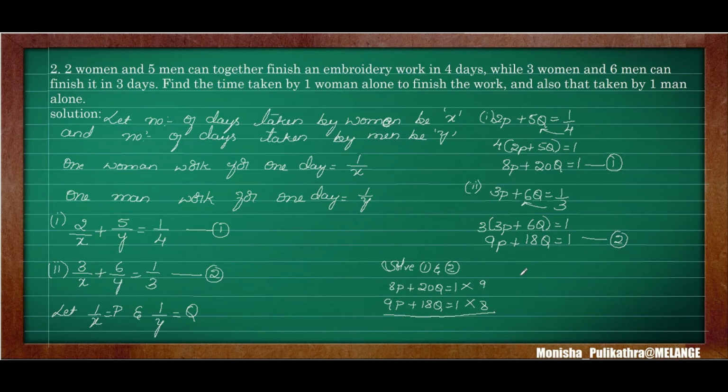So 9 8s are 72p plus 9 into 20 is 180q is equal to 9. Next, 8 9s are 72p plus 8 into 18 is 144q is equal to 8.